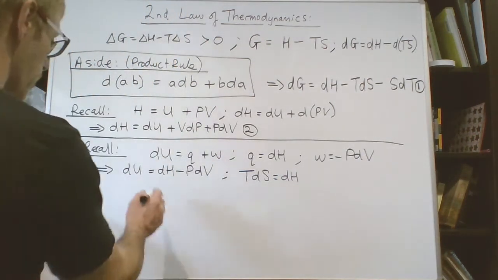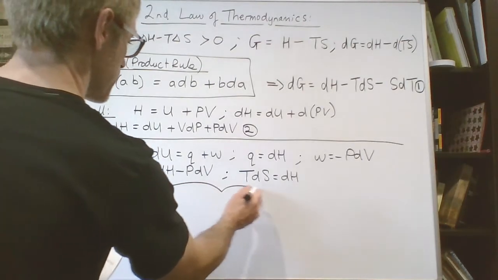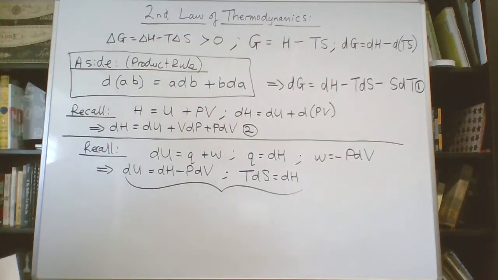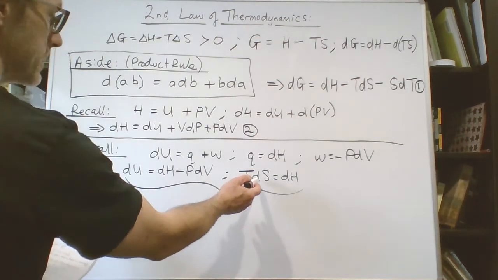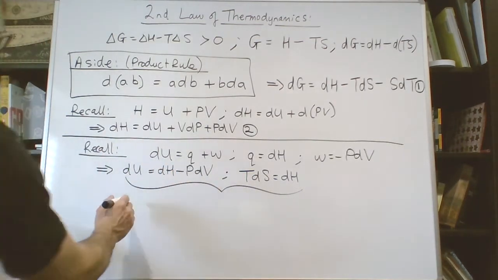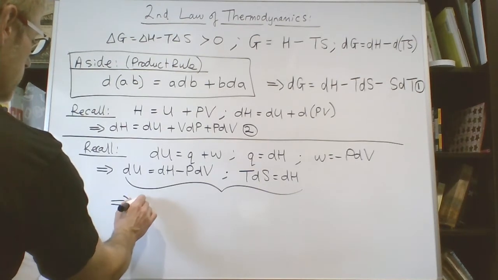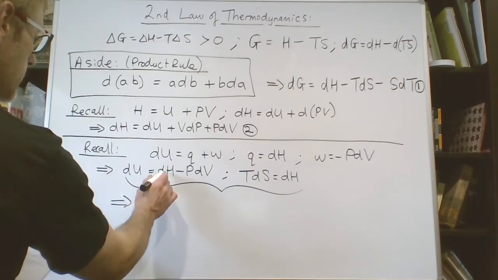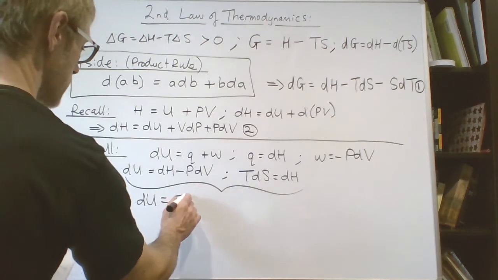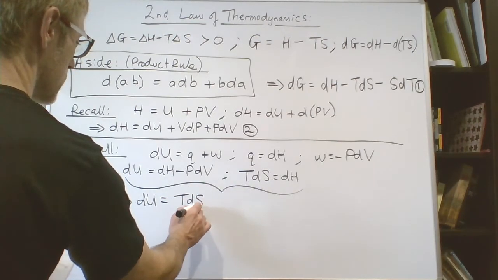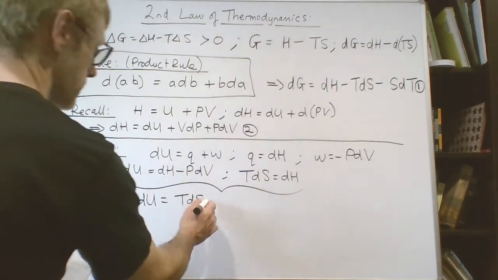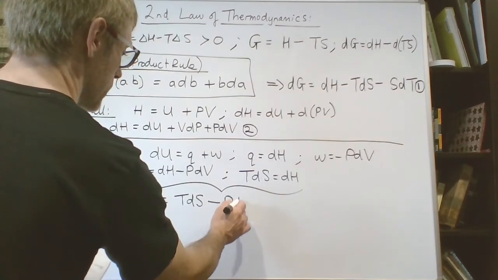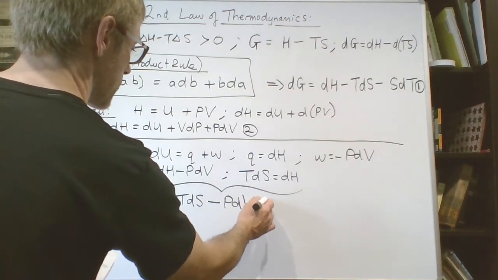Now if we take both of these expressions and sub in TdS over here, then we have dU is TdS minus PdV. I'm going to call that equation 3.